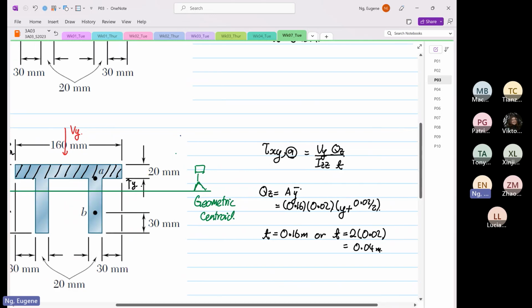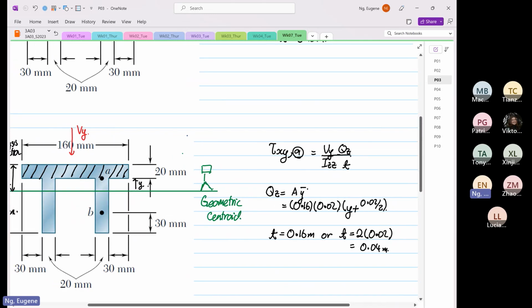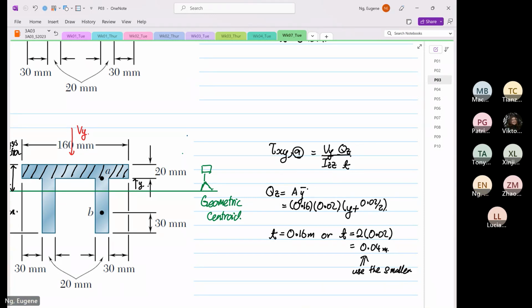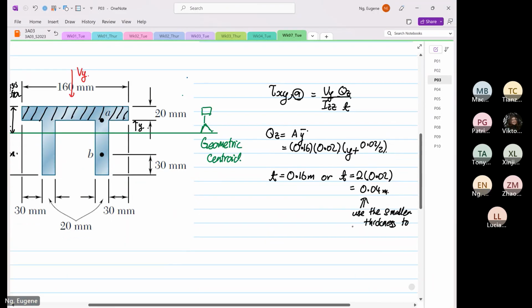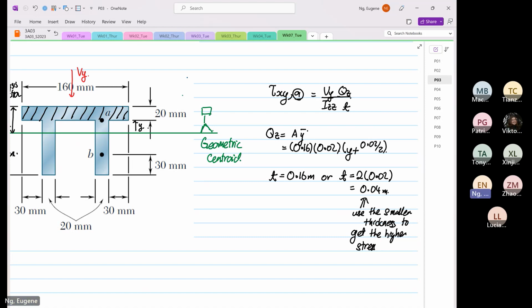Which one will you take, the bigger value or the smaller value? The answer is to use the smaller thickness to get the higher shear stress.